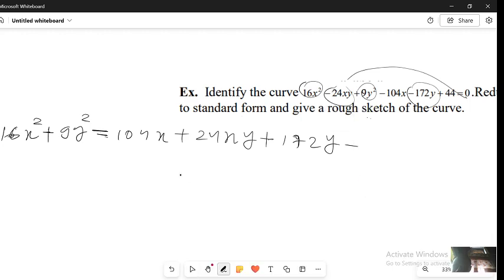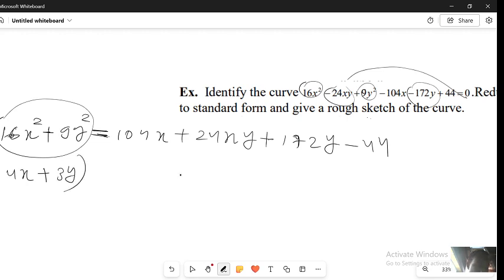Now I will have this equation. If we check, 16x square plus 9y square is 4x, plus 3y, squared.